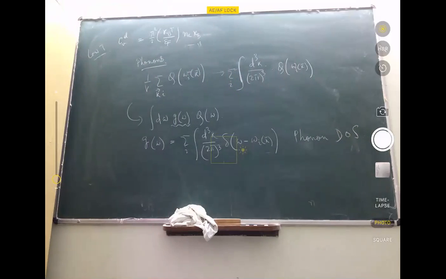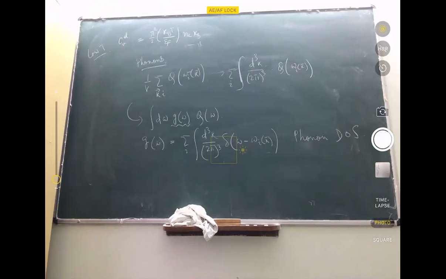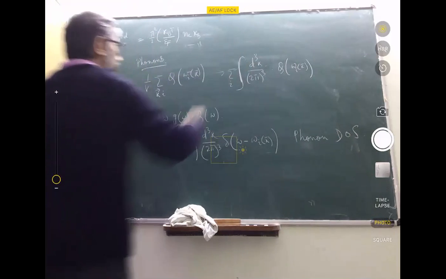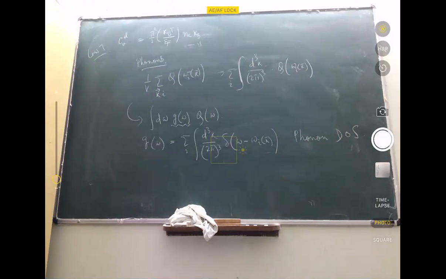It's exactly parallel to the electronic density of states. You have a sort of band, you have dispersion, you have omega as a function of k. So when I have to evaluate these quantities, instead of doing a k integral, I can write this, with g of omega giving me how many omega states I have in a given range.